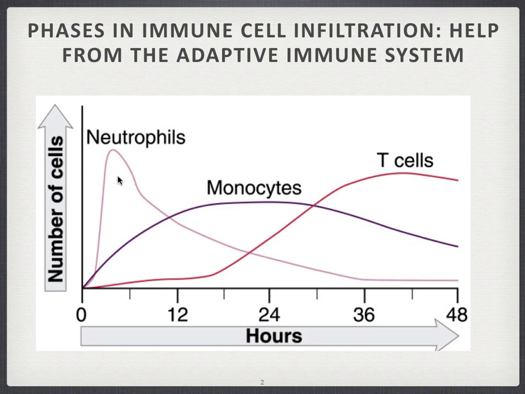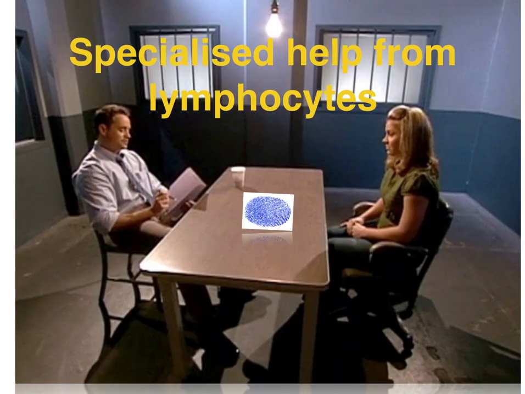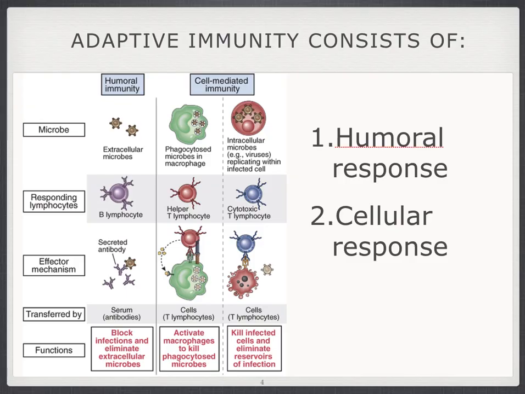So the neutrophils come in the first 6 hours, then within 24 hours you get monocytes, and it takes about 3 days to get your T cells in. And your T cells are a form of very specialized help that can really specifically find and kill certain threats.